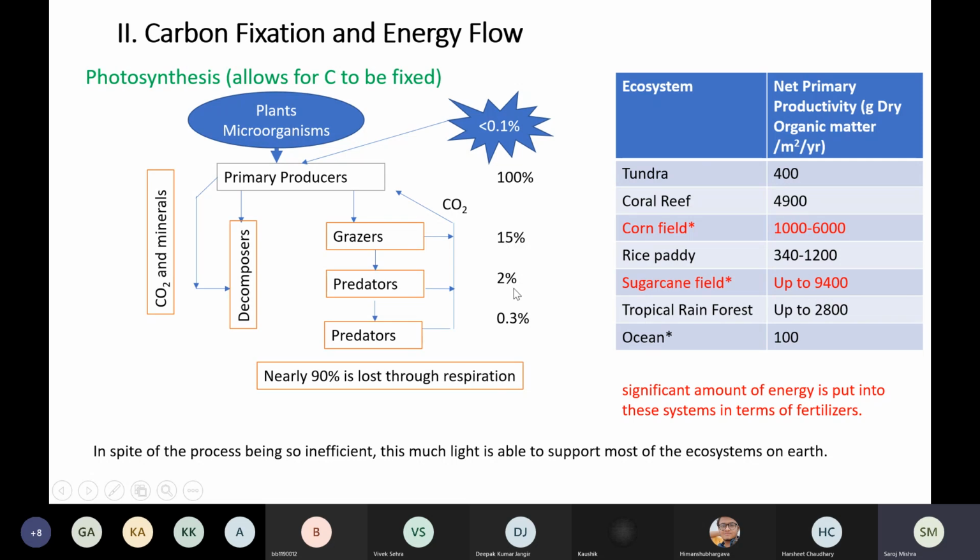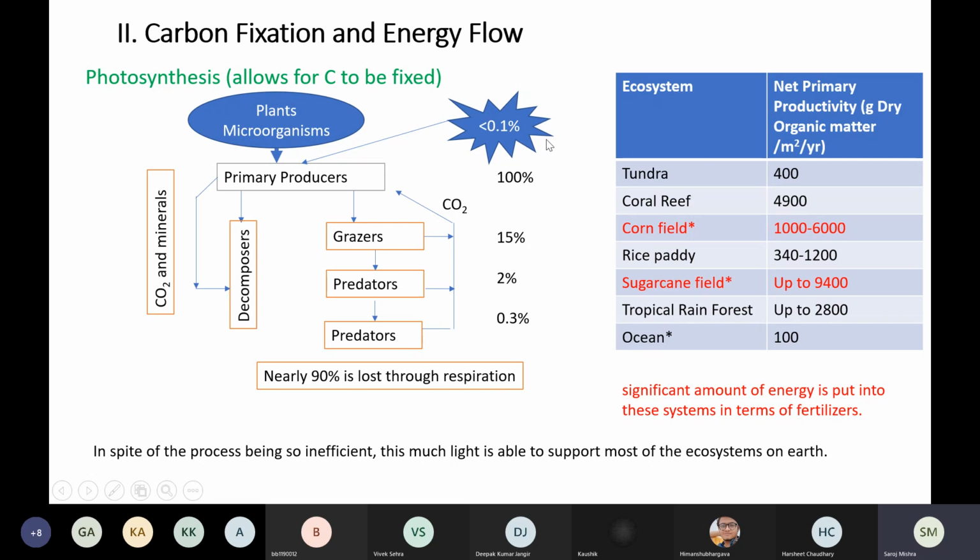Then again, just about 10%; 10% would have been 1.5, you are a little bit better off here. So only 2% moves to the secondary consumer. Then again, just about 10% of this. That's what these numbers refer to, in terms of energy flow.